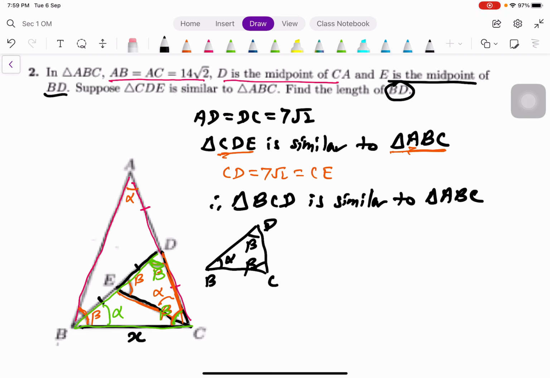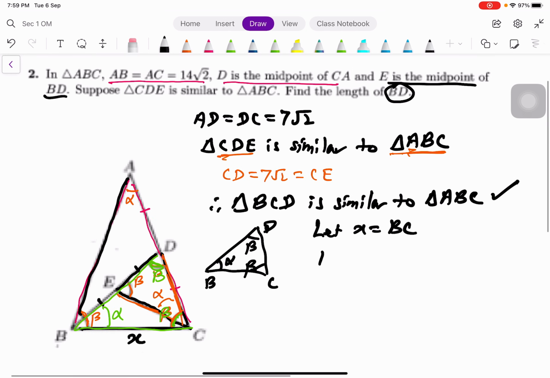Now let X be equal to BC. I'm going to make use of this similar triangle. AB is to BC as BC is to CD.